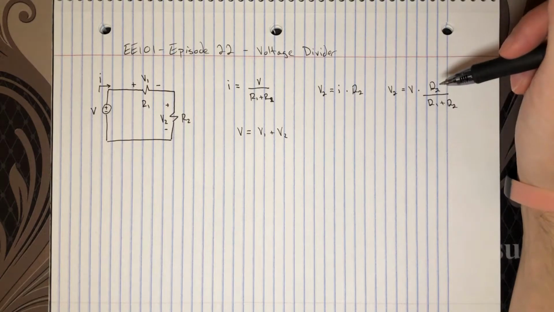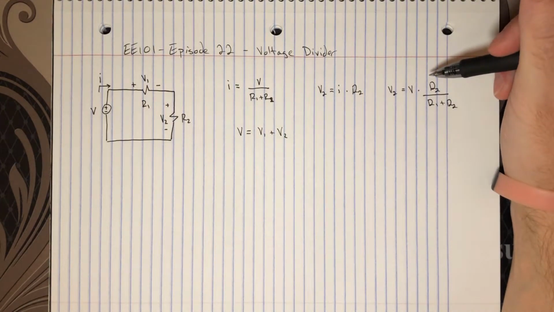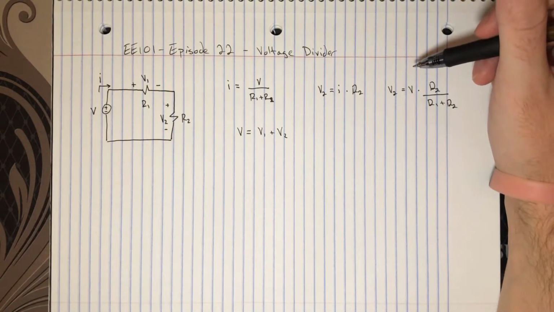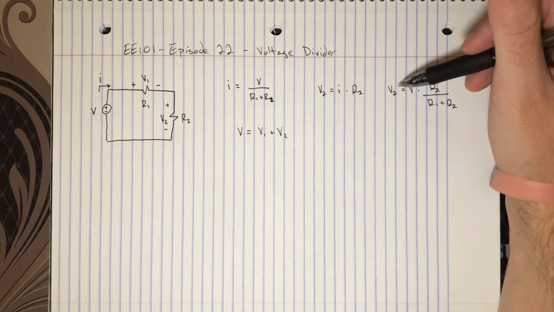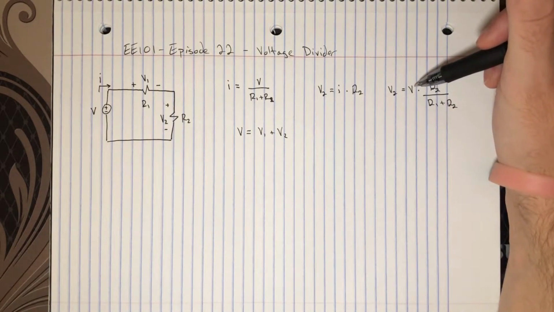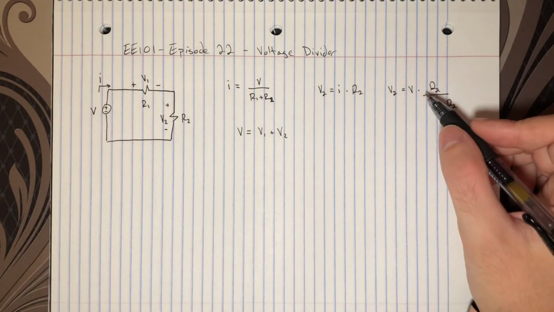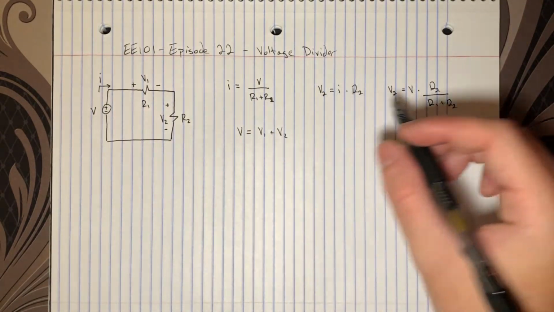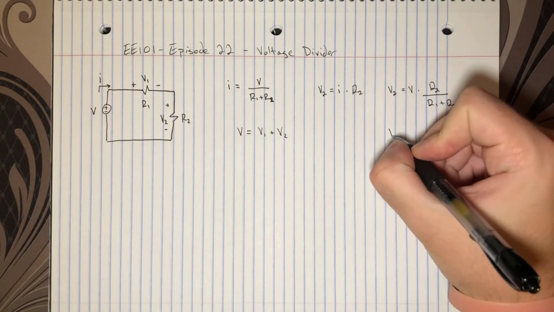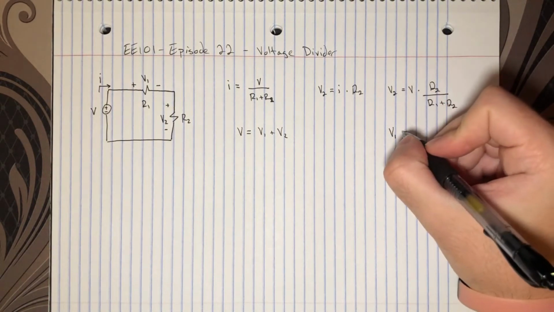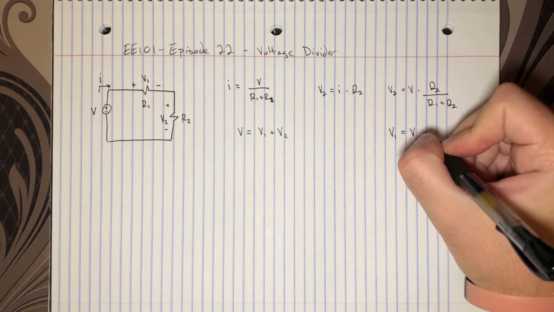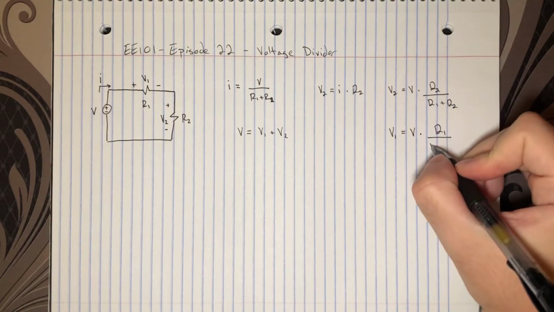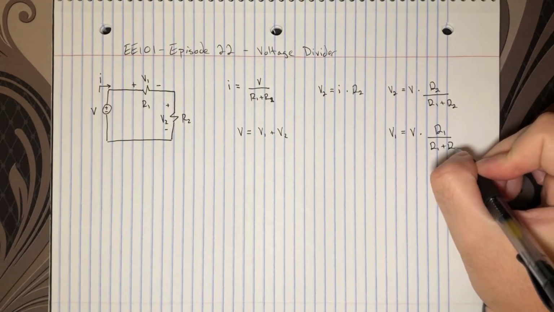If you hadn't also noticed, we could have written this analogously as a formula for V1 as a function of the source voltage. If you follow an analogous sequence of steps here, you can also see that the voltage V1 is a very similar expression, with the exception of the numerator being R1 over R1 plus R2.